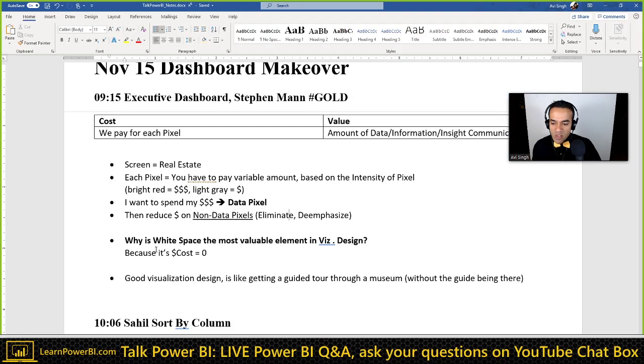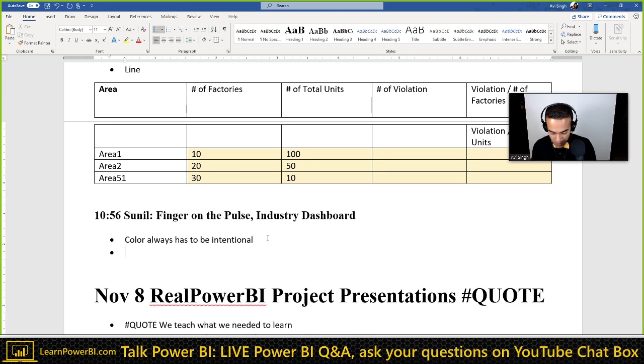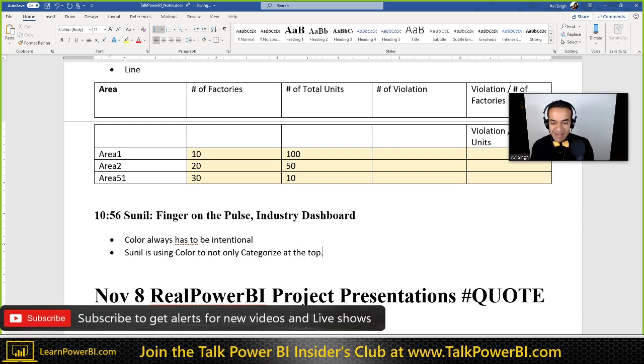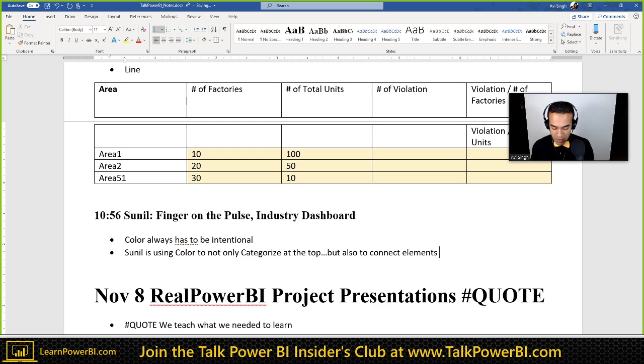What's the best way to do that? So I'm going to call that out. Sorry, I have this habit, I speak when I type. Sunil is using color to not only categorize at the top, but also to connect elements.